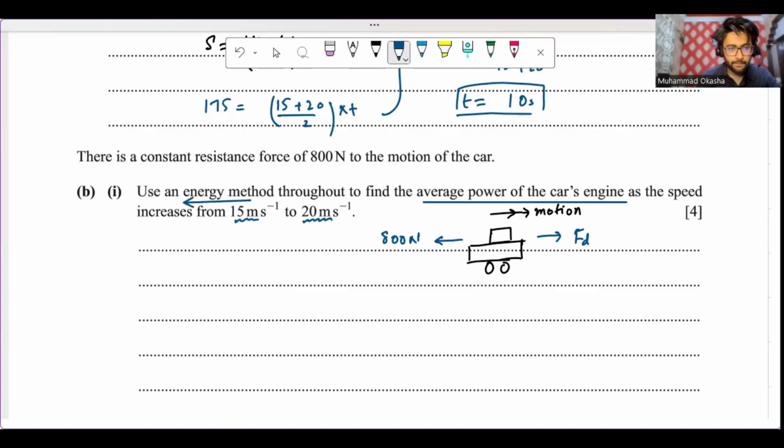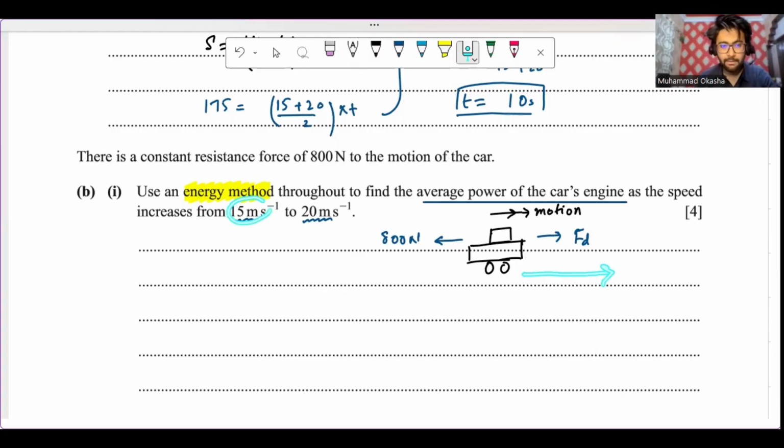Now use the energy method. Think about this for a while, in terms of how a car moves. When a car moves, the engine exerts some power and does some work on the car, and the work is spent in two ways. Work is spent in increasing the kinetic energy of the car.